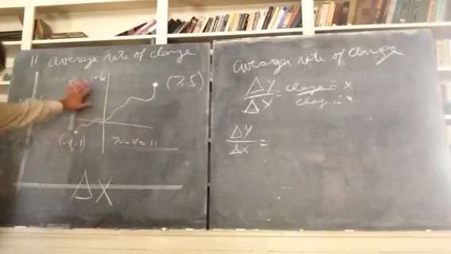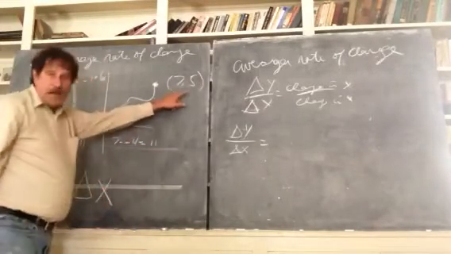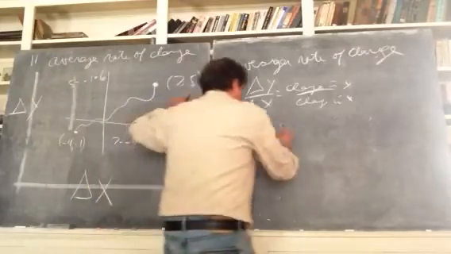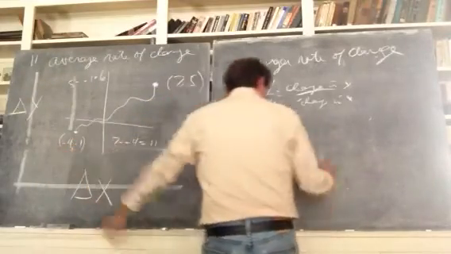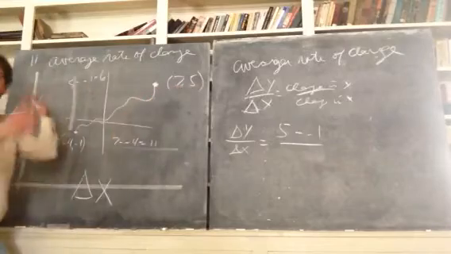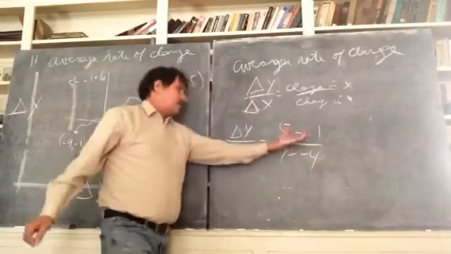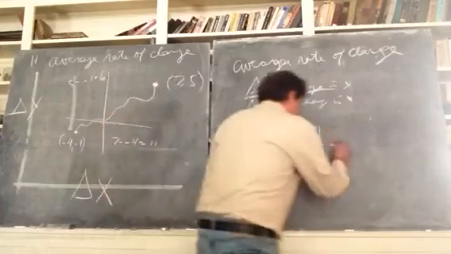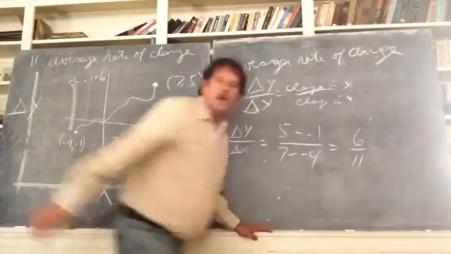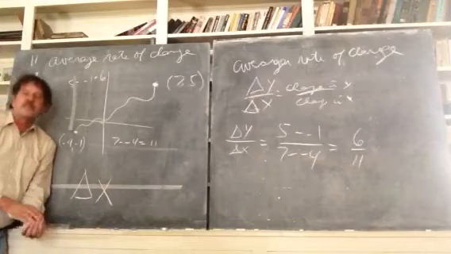So the average rate of change for that picture is the change in y's, 5 minus -1, over the change in x's, 7 minus -4, which is 6 over 11. The average rate of change of this particular function is 6/11.